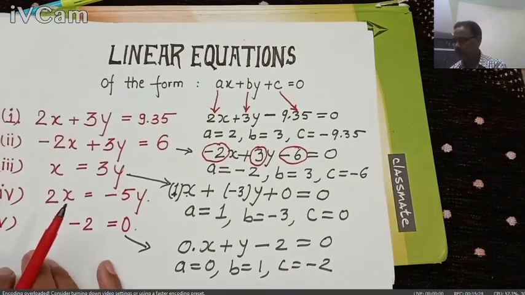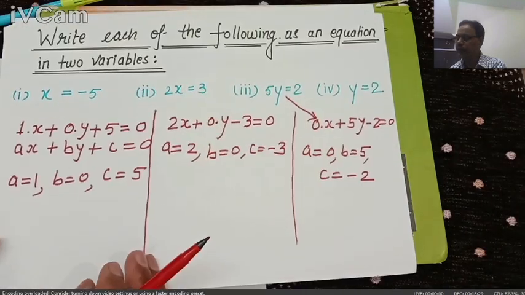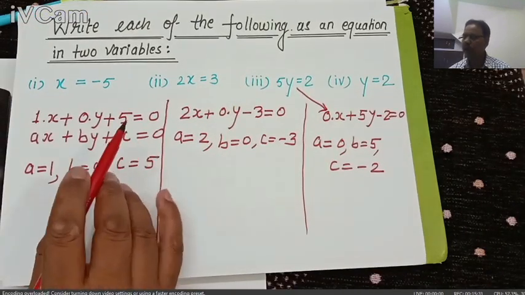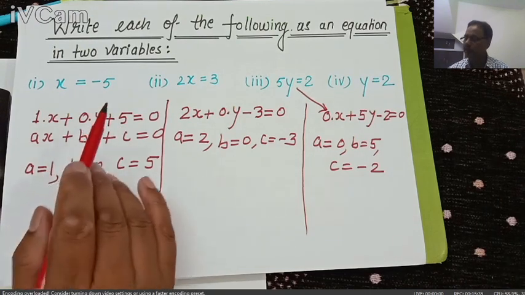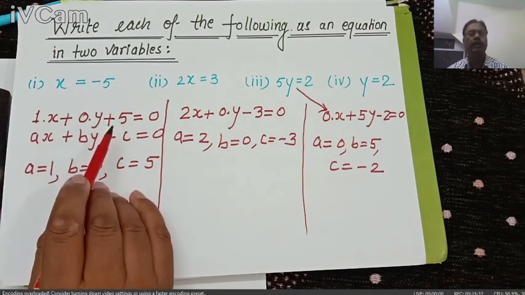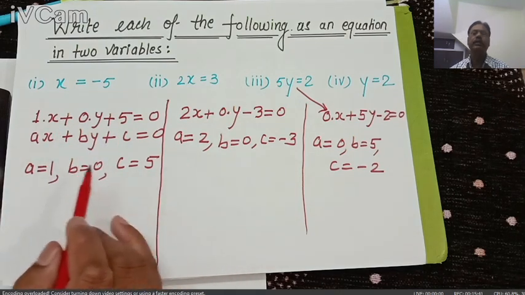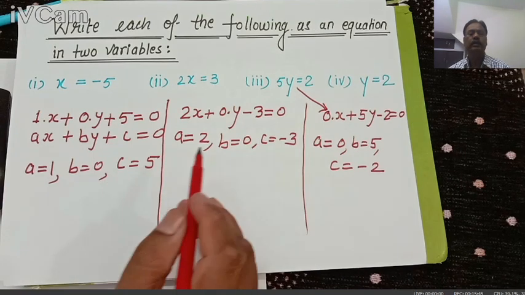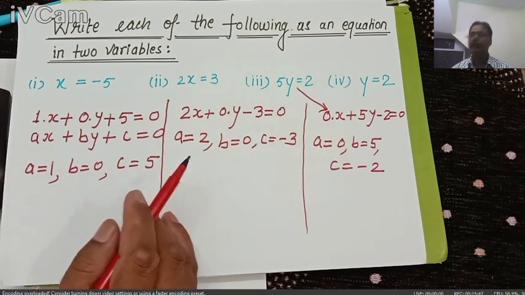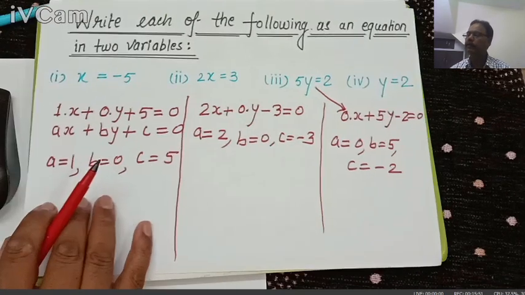And in the next sheet I told you how we write the equation which is having only one variable, how we make it a linear equation in two variables of the standard form. So in this way we shall write it, and also we shall write the values of a, b and c here. Understand?